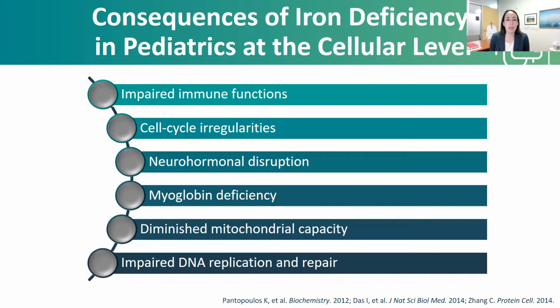There's neurohormonal disruption, and deficiency of iron in the myoglobin. So this is what particularly affects children with heart failure. Those cardiac myocytes need a lot of iron to function properly. And if you're iron deficient, you're going to have less myoglobin or poorer myoglobin function, diminished mitochondrial capacity, and then even impaired DNA replication and repair.